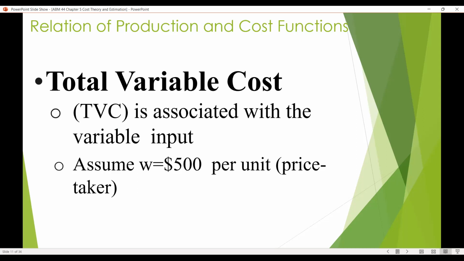Variable costs are those that are not fixed costs or fixed assets, but variable assets or non-current assets. So we assume that W is 500 per unit. You are a price taker, so you are paying the full amount, which is 500 pesos. So the assumption is 500.